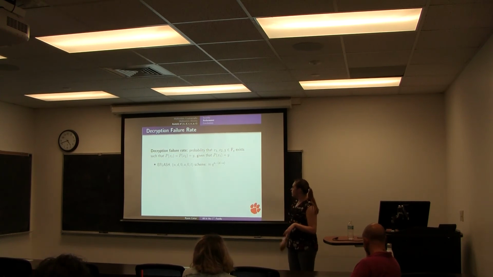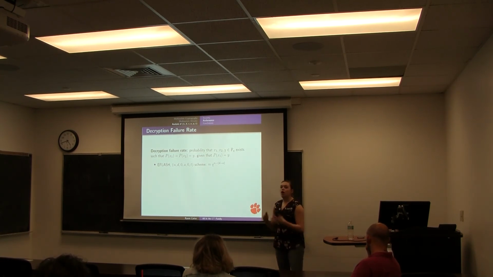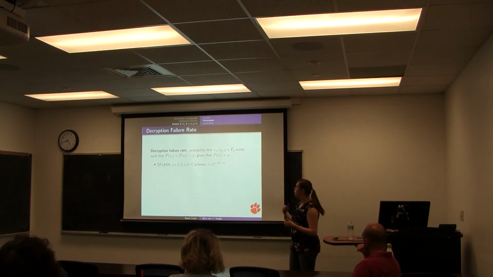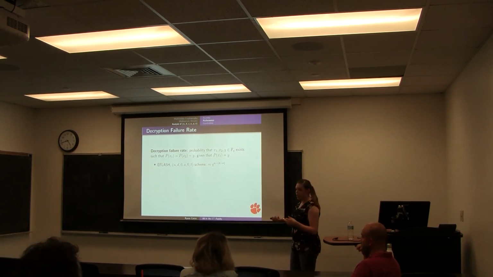That was done for eFlash, which is an ND0A0T scheme. So basically, when we do not have the plus and we do not have the IP, we showed that the decryption failure rate is about Q to the N minus D minus A.